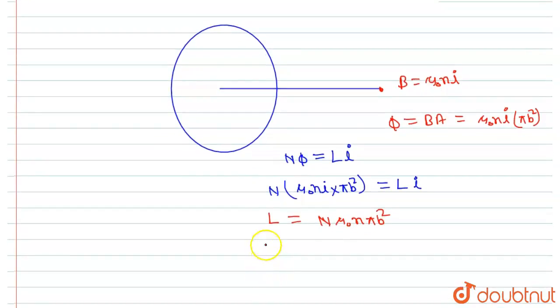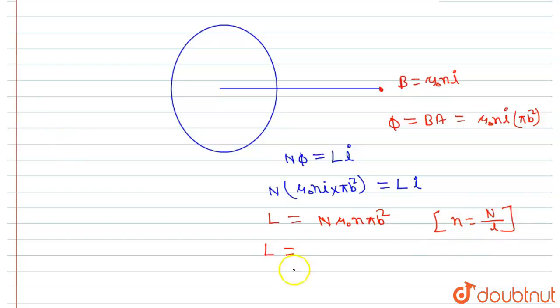Now from here we can see, as we know, small n is the number of turns per unit length, so n is equal to N by l. Capital N is equal to small n into l.